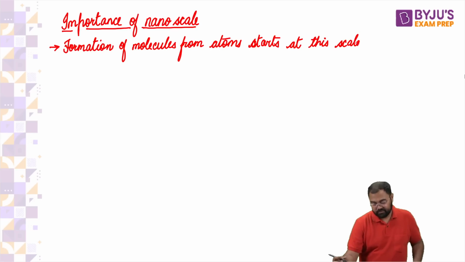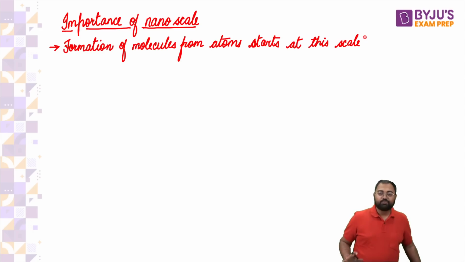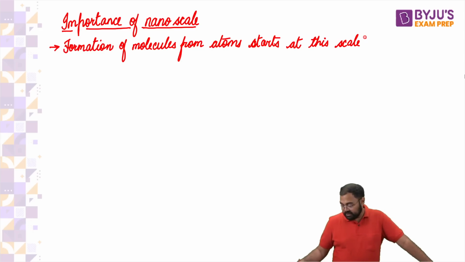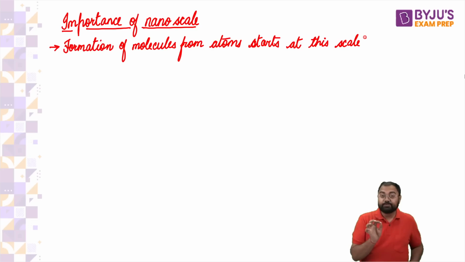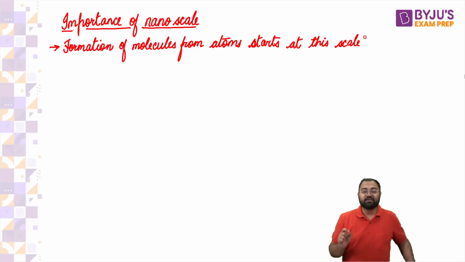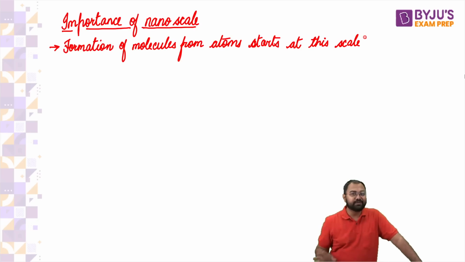That's fine, molecules are formed at this level. So what difference does it make? The difference is that this is where all the individual properties of matter show up for the first time. Until now, individual properties of matter don't show. So for example, let's say an atom of oxygen. An atom of oxygen is an atom of oxygen wherever it is.